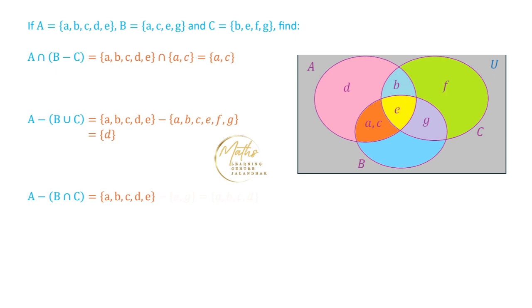Now B intersection C has these two elements, E and G. These are the two elements which are present in both the sets B and C. So we are subtracting from A the elements E, G. G is not present in A, E is present in A, so we are going to remove the element E. The answer for this case is A, B, C and D. So A minus (B intersection C) is the set with elements A, B, C and D.